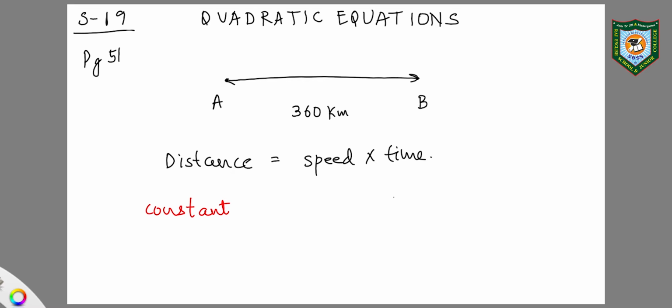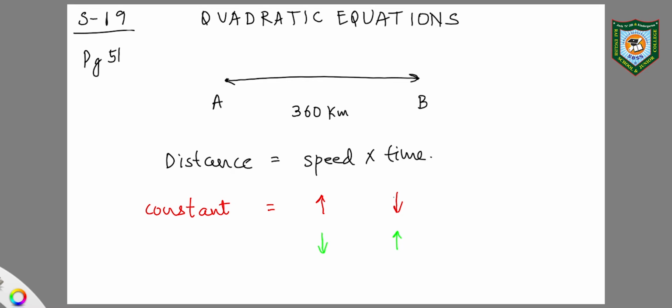So if distance is constant, we have to see what happens to speed and time simultaneously. If the speed increases, that means if I go faster, my time will reduce. So if my speed goes up, my time goes down. And conversely, if my speed goes down, my time goes up.